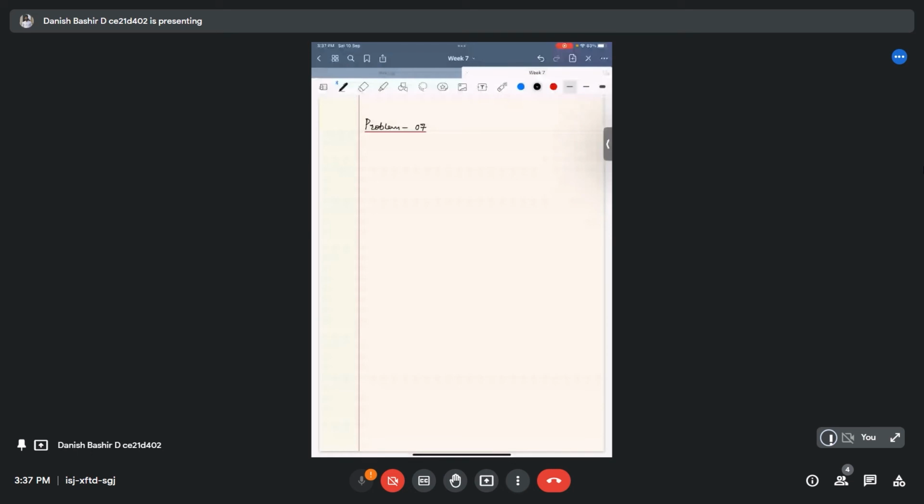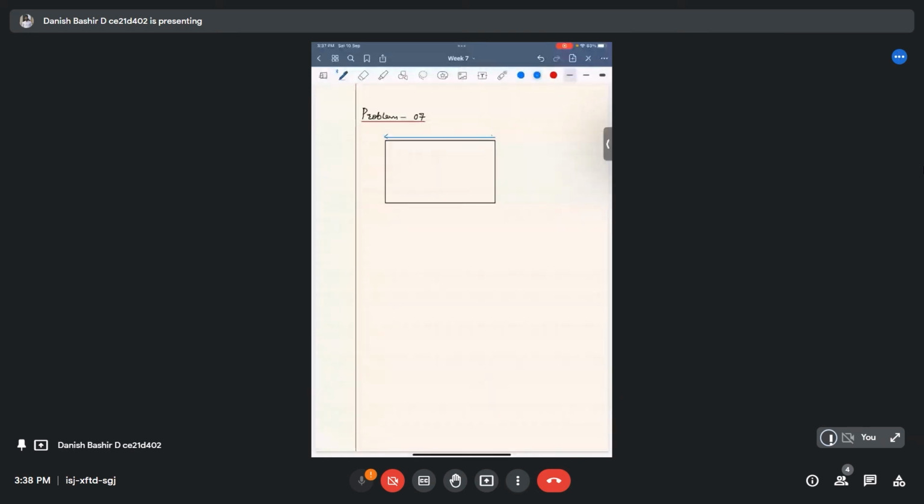So our column section is like this. We are given a column section like this. It has one dimension of 100 mm, another layer dimension of 40 mm.